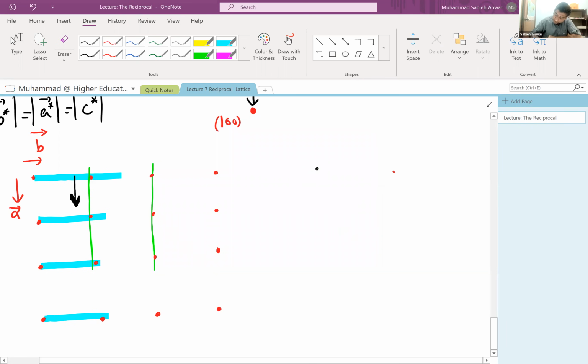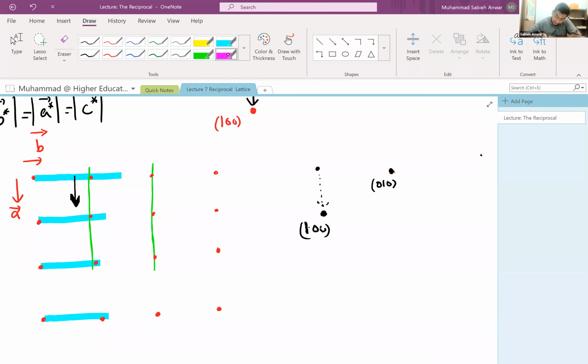I start off with an arbitrary position, draw the normal to this plane, draw a vector which I'm suppressing, and mark the end point of this vector. So this point now represents the blue plane, which is 1 0 0. Then I draw a vector normal to the green plane, and I just suppress the drawing of the vector and identify the locus of the end point. So this point represents 0 1 0.